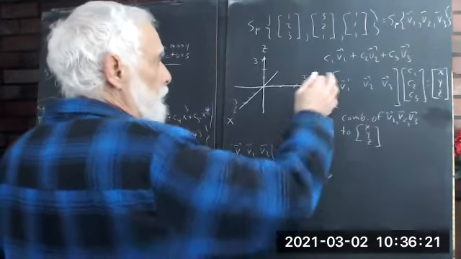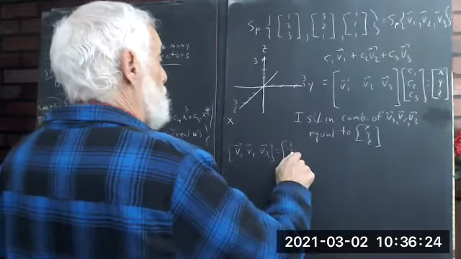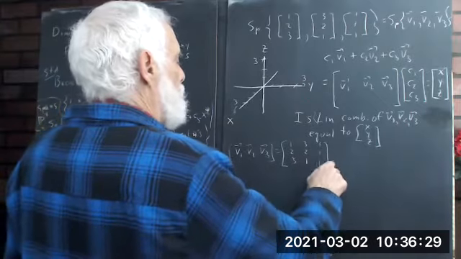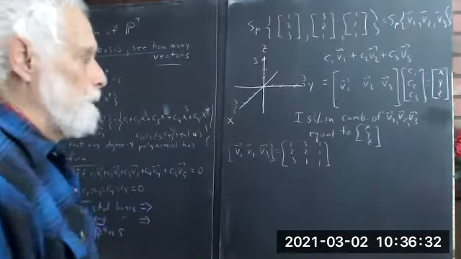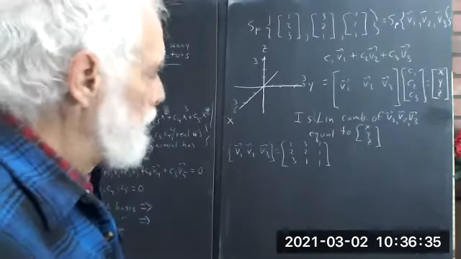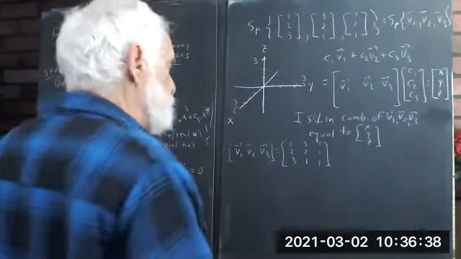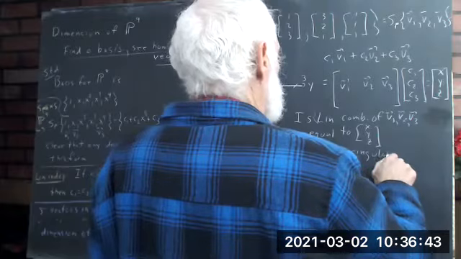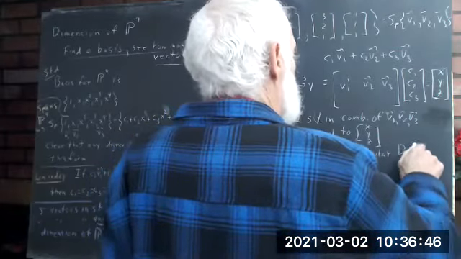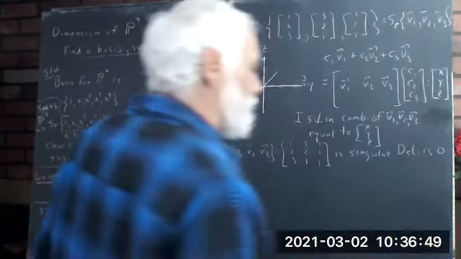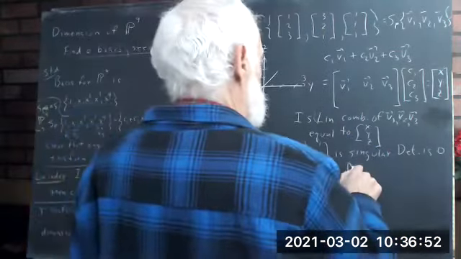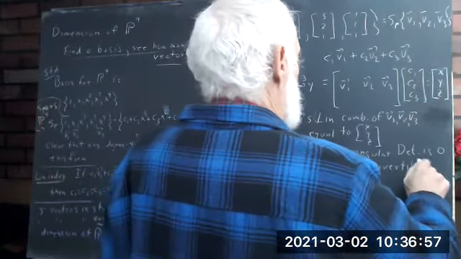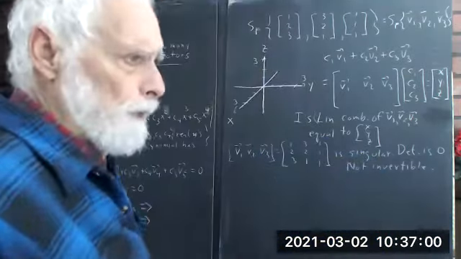this matrix is just the matrix of column vectors. So we have this matrix. It's singular. Determinant is 0. Not invertible.